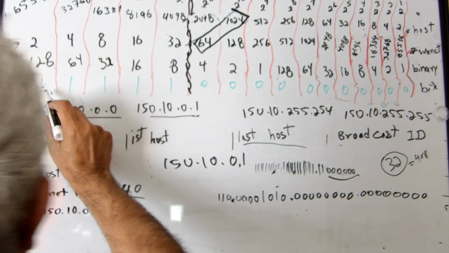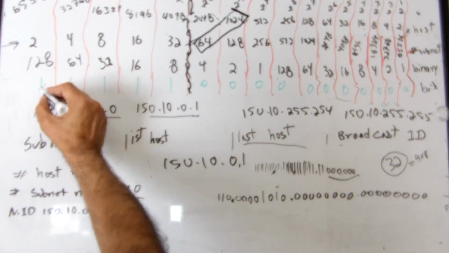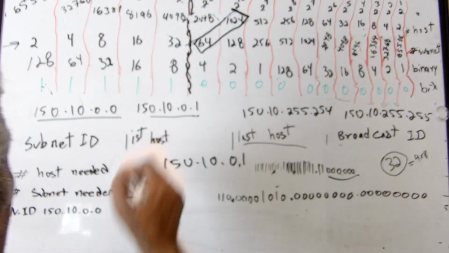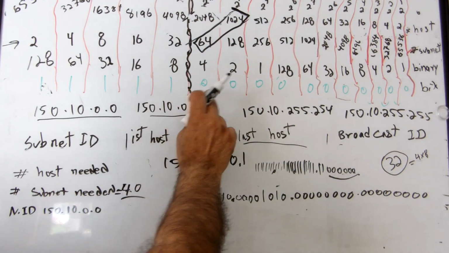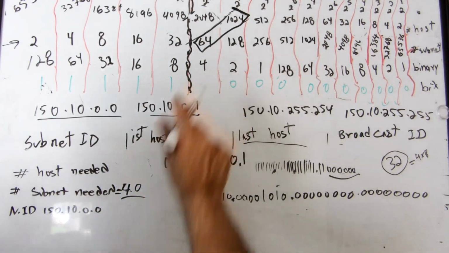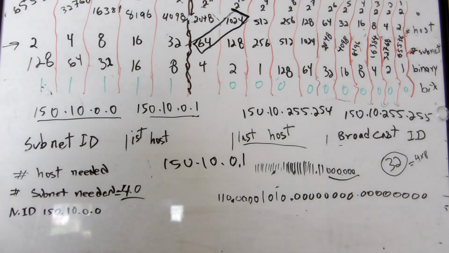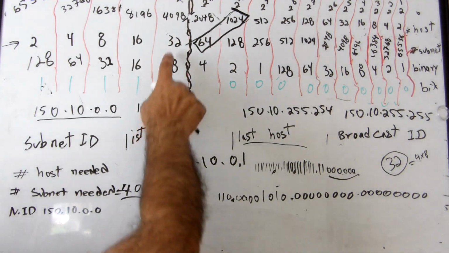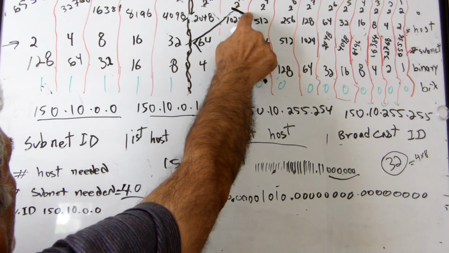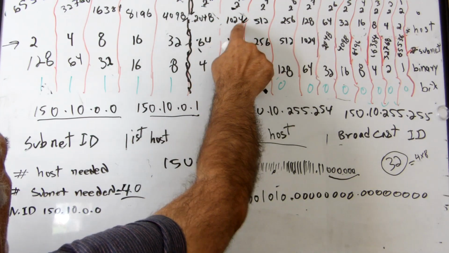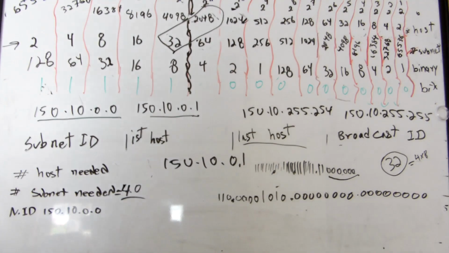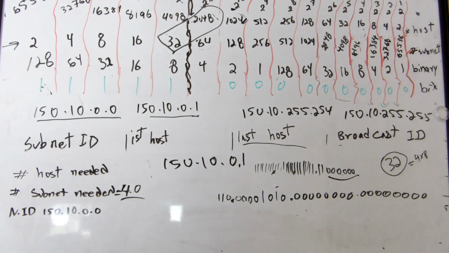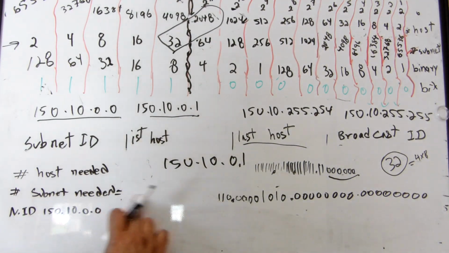The number of bits needed or borrowed: 1, 2, 3, 4, 5. When you choose this one, now suppose that this is 6. Or come back to this one. Let's begin. We need this one, 32.